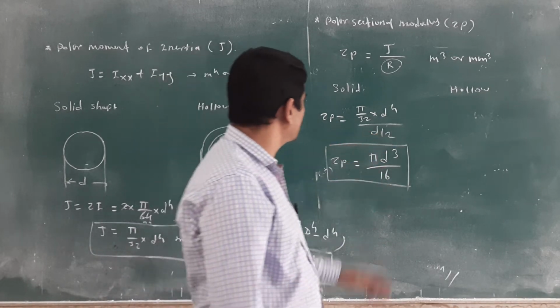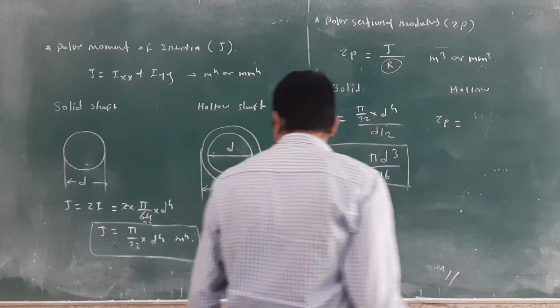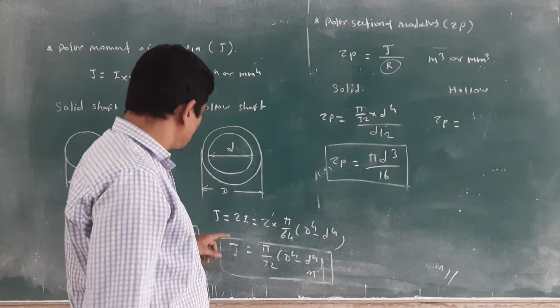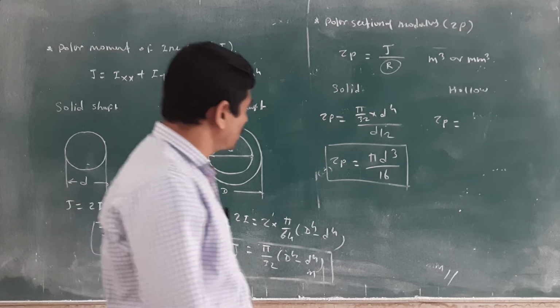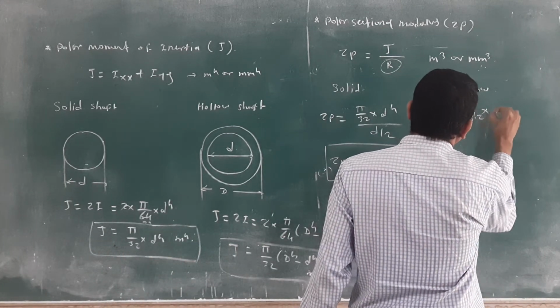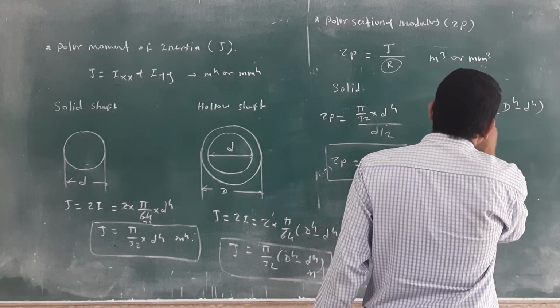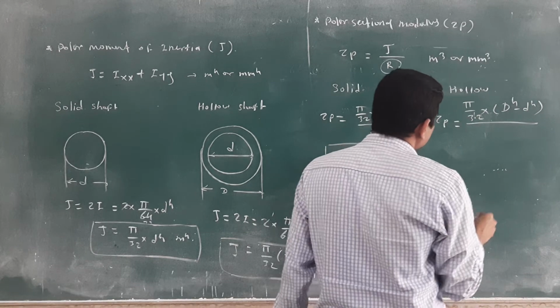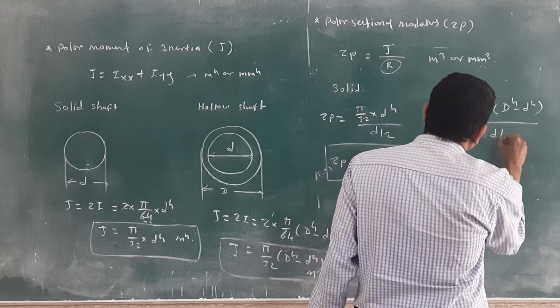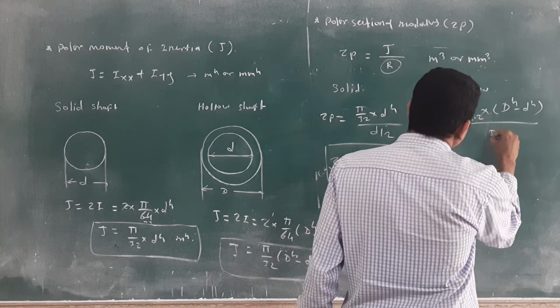Similar way for the hollow shaft, we have calculated the value of J. Okay, polar moment of inertia J is equal to pi by 32. I will put here this value. Pi by 32 into capital D raised to 4 minus small d raised to 4, divided by capital D by 2.